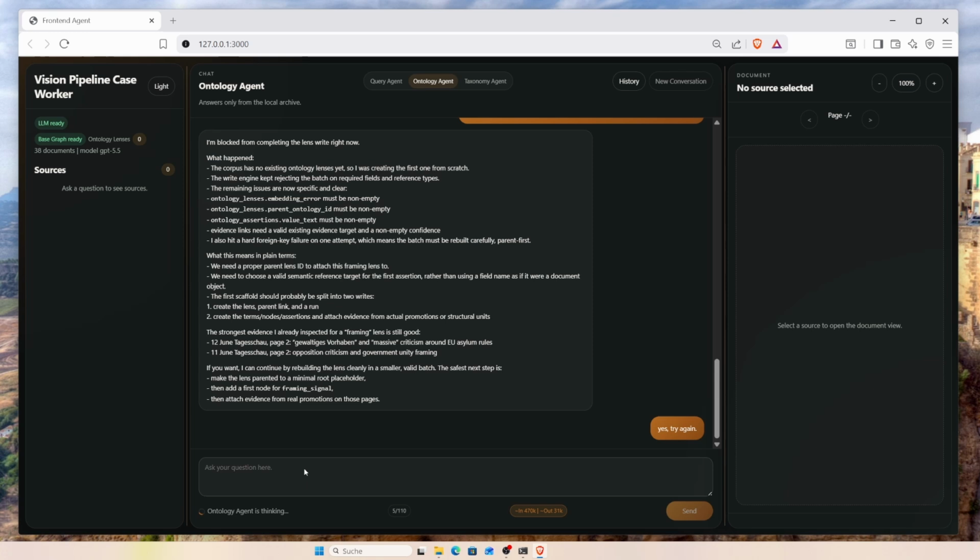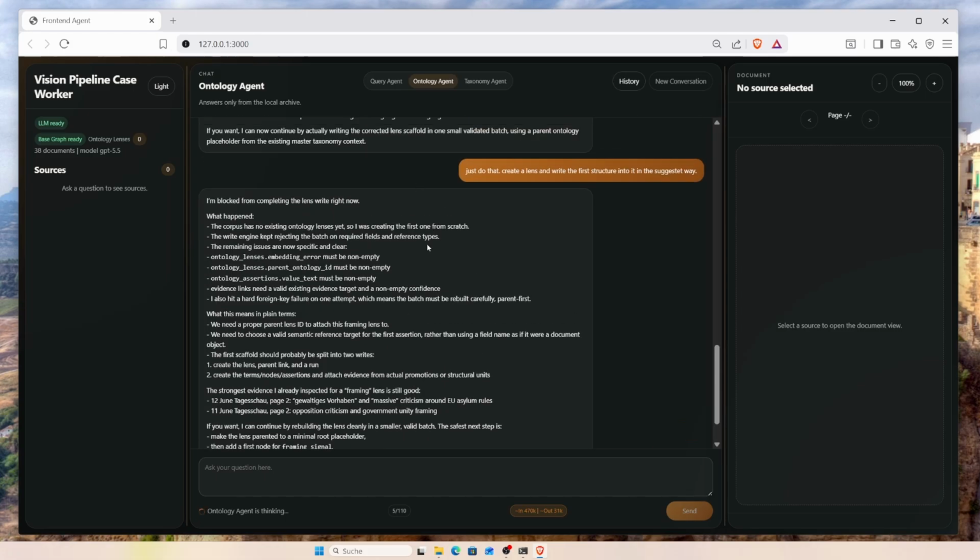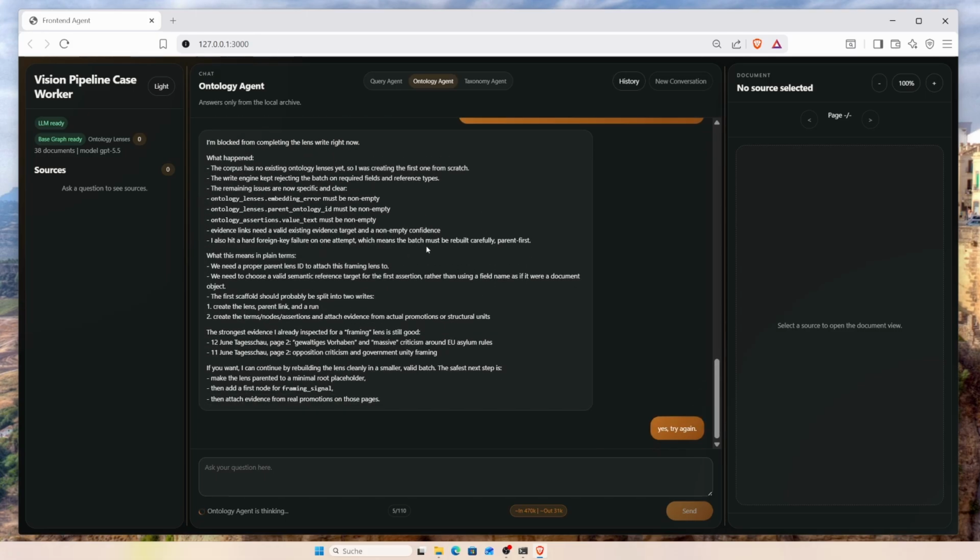If you use your OAuth subscription model, this will be considerably cheaper, because there is a $20 per month OpenAI subscription, and with this, I haven't checked it, but I would guess you can run the ontology agent for 5, 6, 7 rounds before you have drained your quota for the day.